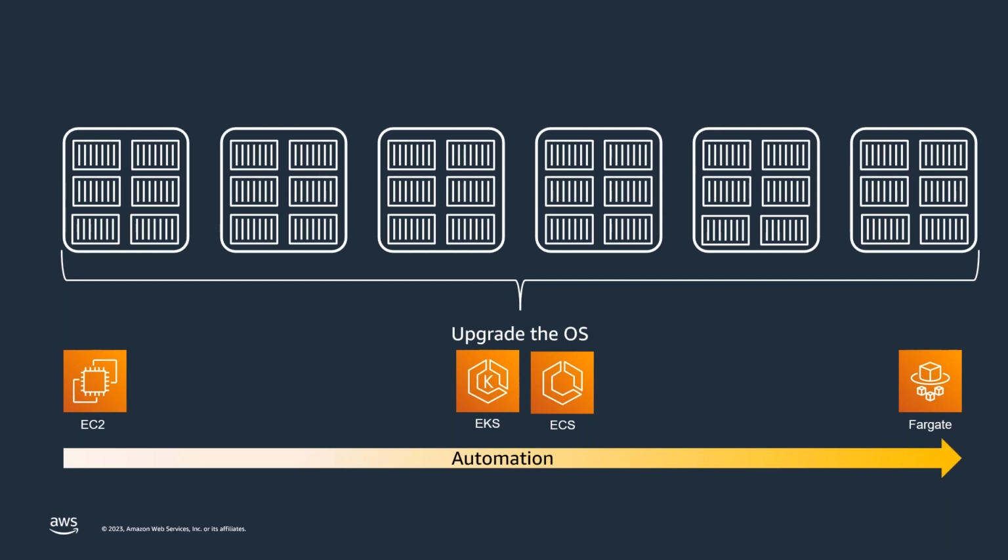If you're using something like Elastic Container Service, ECS, or Elastic Kubernetes Service, EKS, then those services can help you with the automation there. And finally, if you're using a service like AWS Fargate or App Runner, you don't have any servers to worry about anyway. Now, Ashish is going to talk to you about those services in detail in the next section. For now, just understand that they make your life easier from an upgrade perspective.